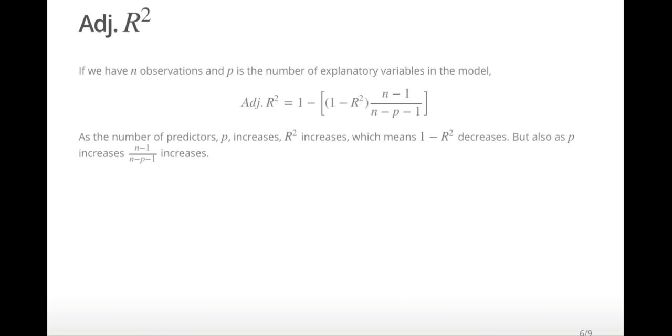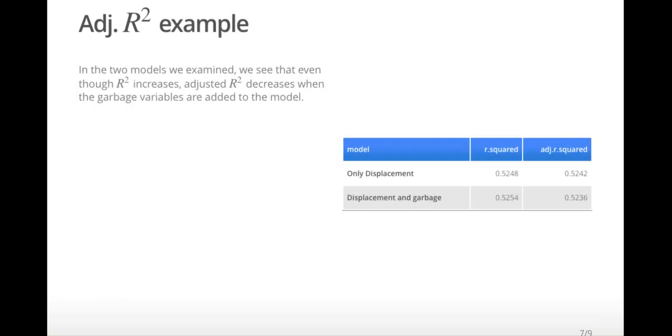In order for the entire piece inside square brackets to increase, thus increasing adjusted R squared, the R squared has to increase a large enough amount to overpower the n minus 1 over n minus p minus 1 fraction. In the 2 models we examined, we see that even though R squared increases, adjusted R squared decreases when the garbage variables are added to the model.